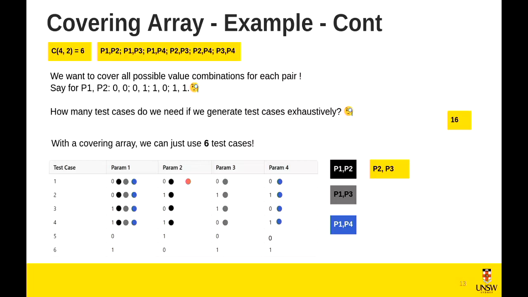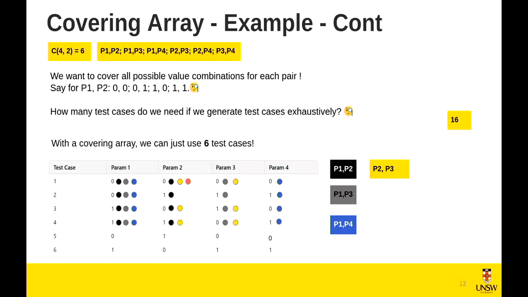And we can also check P2 and P3. For P2 and P3, we can cover 0 and 0 with test case 1, and 0, 1 with test case 3. What about 1, 0 for P2 and P3, which test case could be used? 6.